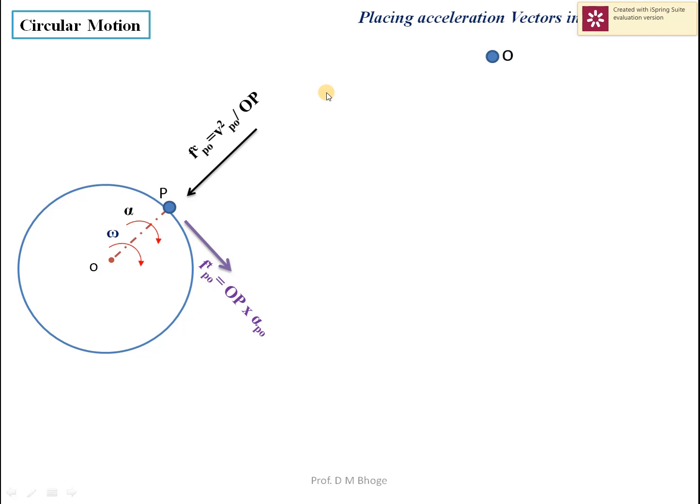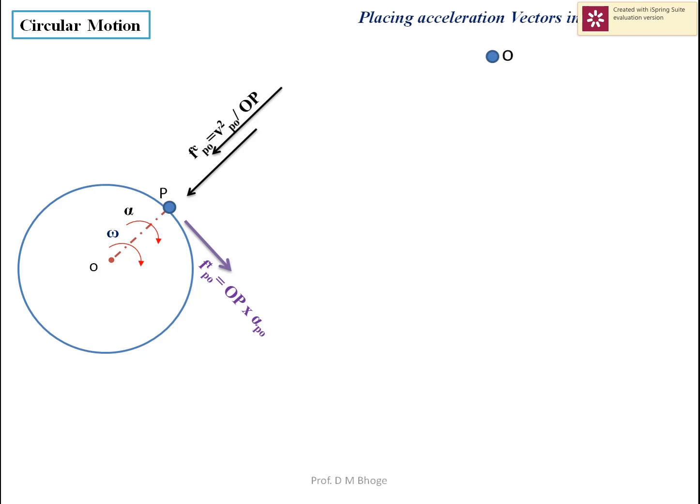This is not a thumb rule, but since from the velocity polygon we can determine this V, we have the magnitude and direction of all these radial accelerations with us. So it's good practice to place the radial acceleration vectors first, and then to it we add the tangential component. Now we have point O with us in the acceleration polygon.